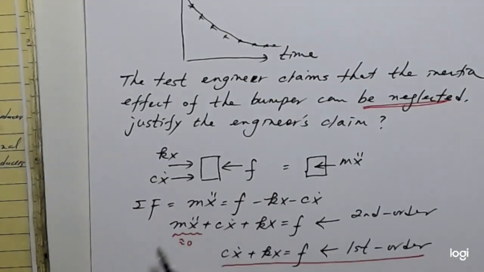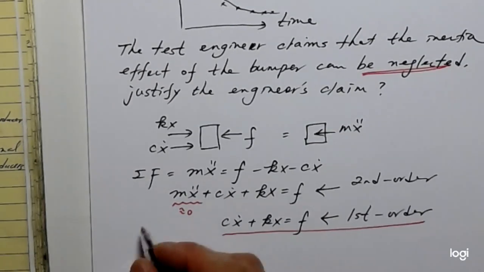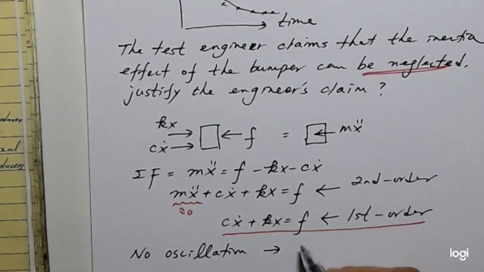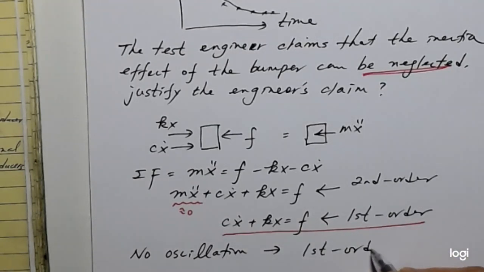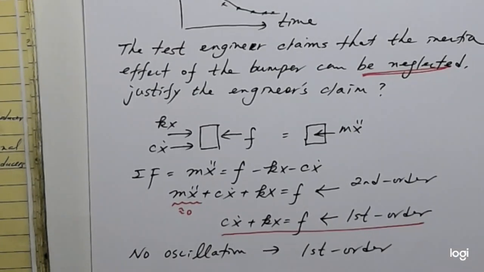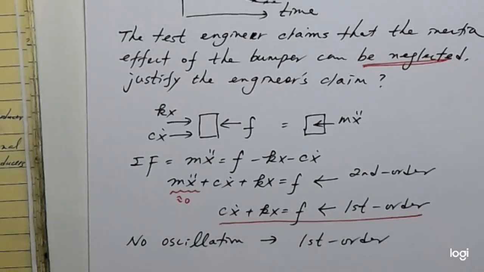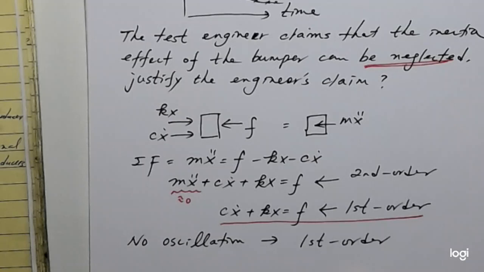So if you answer saying because no oscillations, so that's first order, then that's not the correct answer. Why? Because this statement right here, no oscillation, is first order, is a first order system from the response curve like this. This statement is very arguable.